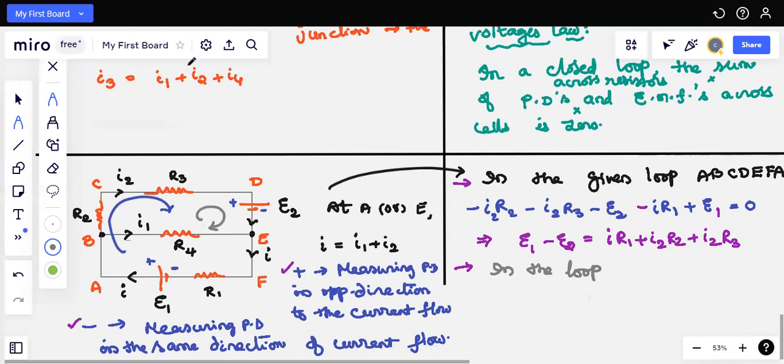B, C, D, E, B, this loop now. If you are able to catch, then happily we can try to apply these Kirchhoff's laws in numericals.